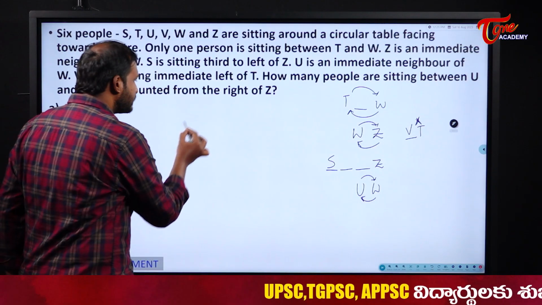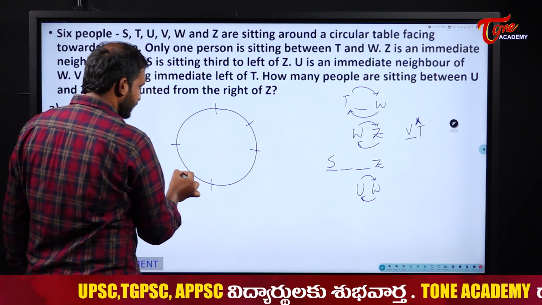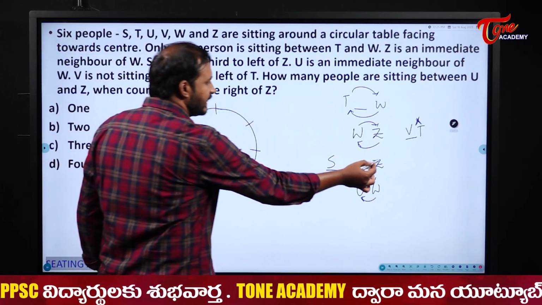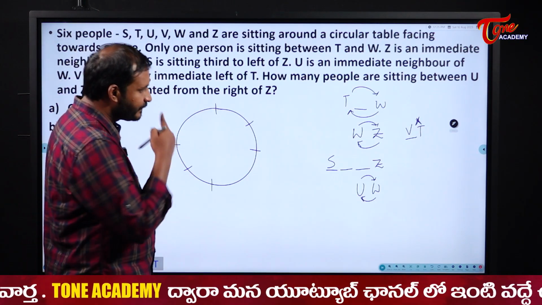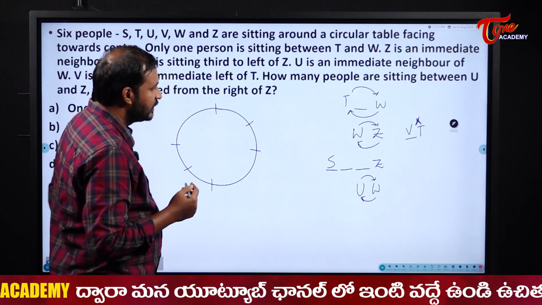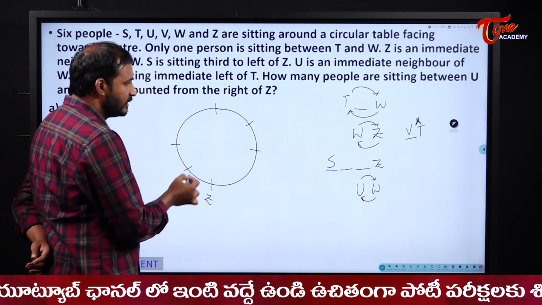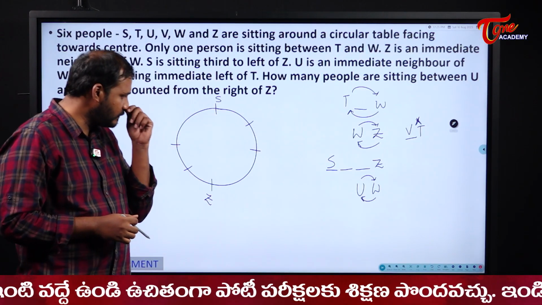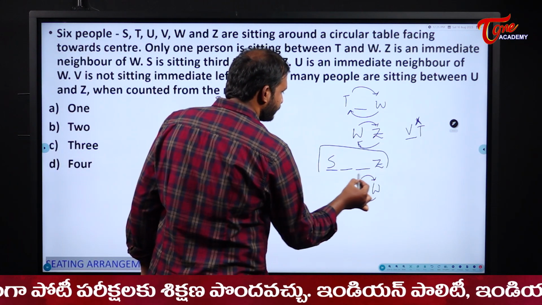Total, how many people are there, students? 6 people are there. So, first I will go with Z and S. If I take Z here, 1, 2 and S will be here, right? Because to the left of him I have Z. Okay, this is done.